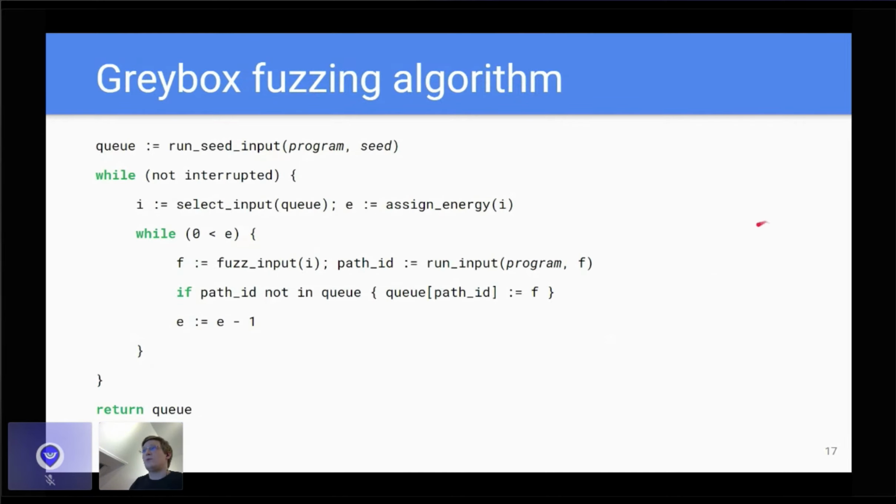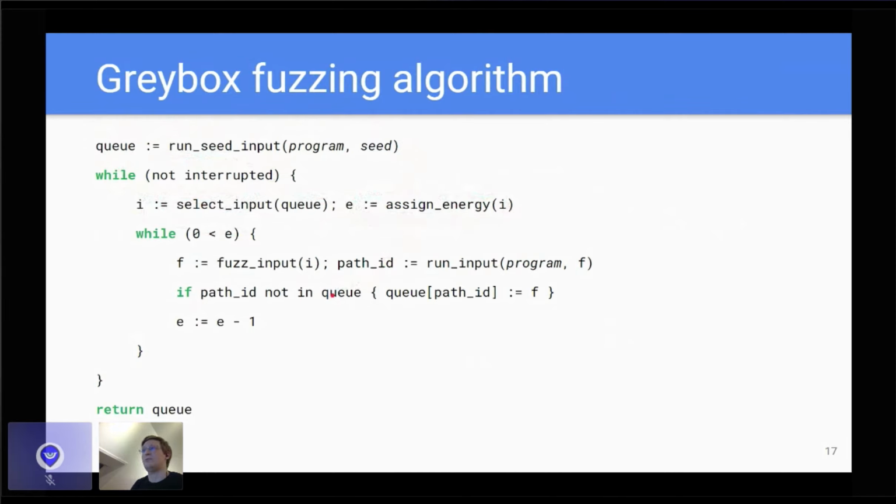So just to explain a little bit more about how this works, you can see the algorithm for Greybox fuzzing here. So usually you start out with a seed input that you run, and this populates a queue of inputs that you keep during the fuzzing campaign. And until the fuzzer is interrupted or stopped, you keep selecting new inputs from this queue and then assigning so-called energy to them.